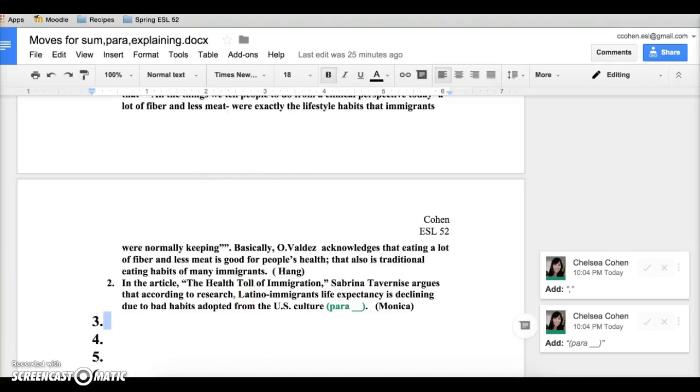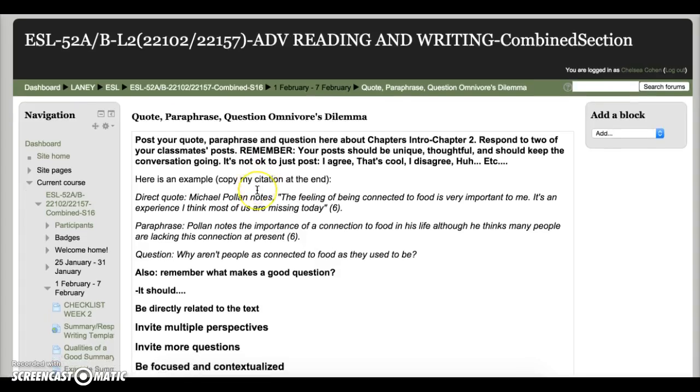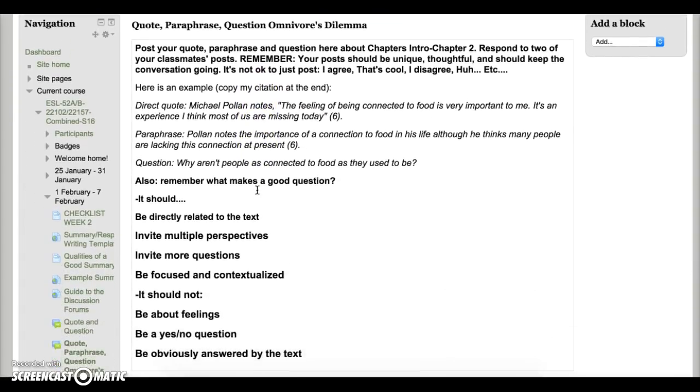when we start discussing. So after you read this handout, how to summarize, paraphrase, and quote in a discussion, go to our forum, and just like last week, you're going to post your direct quote, your paraphrase, and your question.